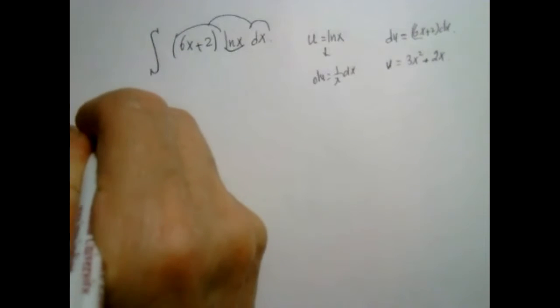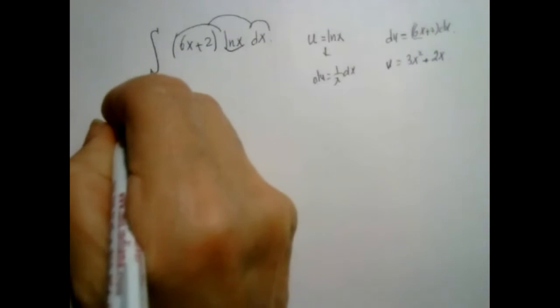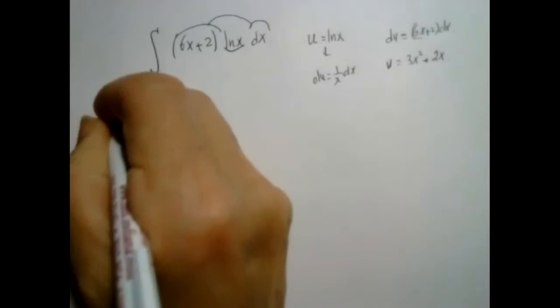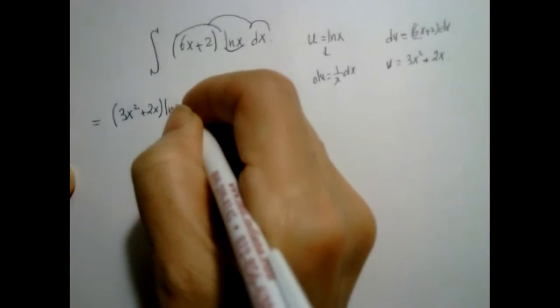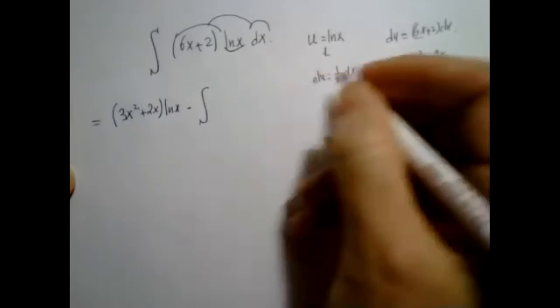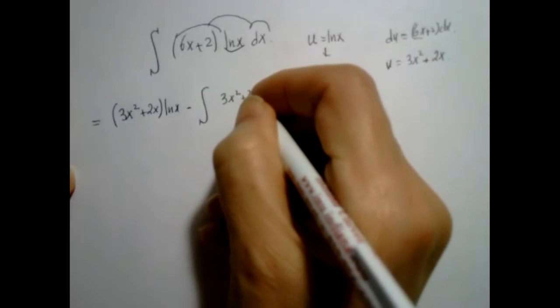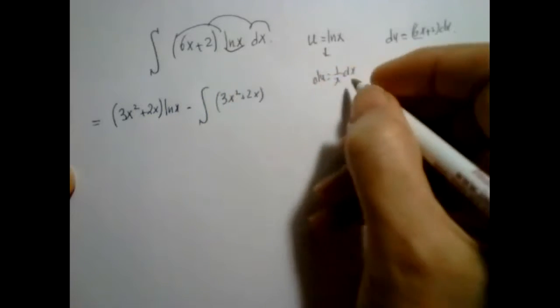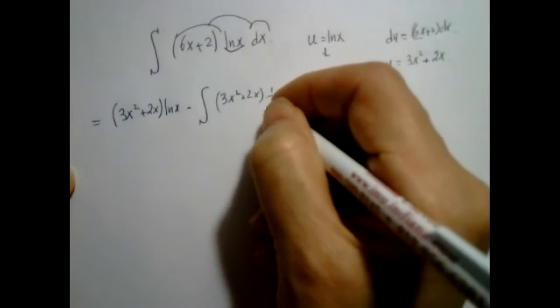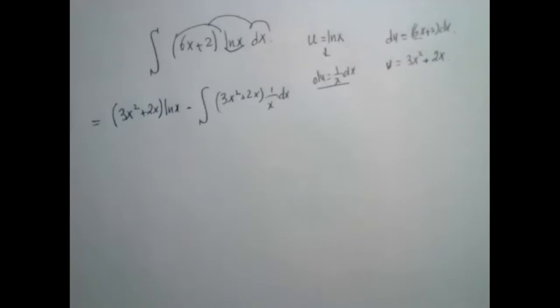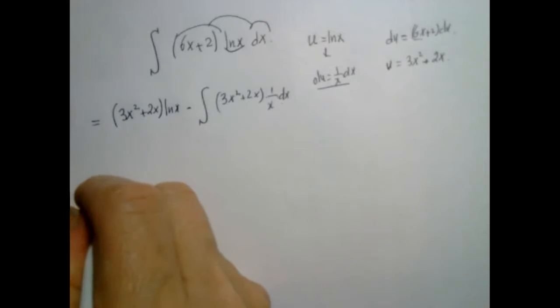So this would give me uv, so this is 3x squared plus 2x times ln of x, minus the integral of v du. v is 3x squared plus 2x, and the du is 1 over x dx.